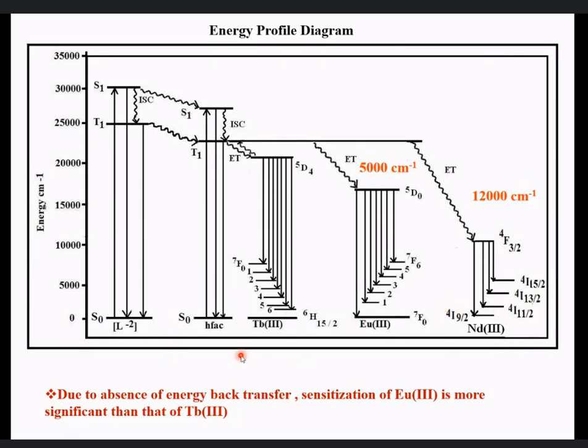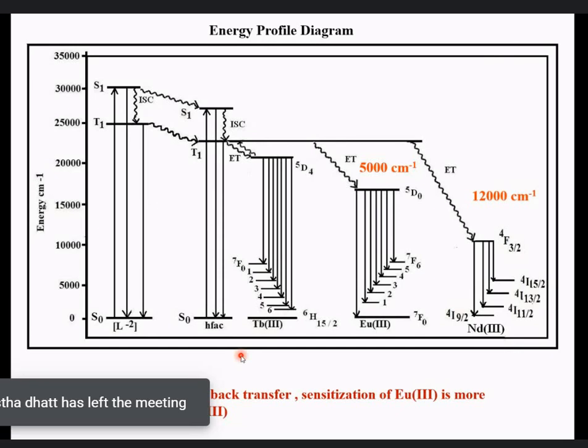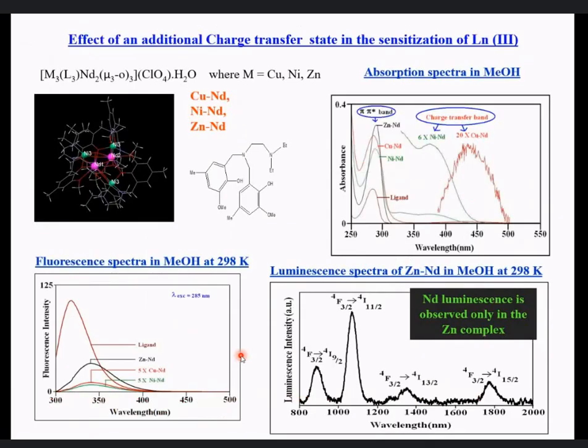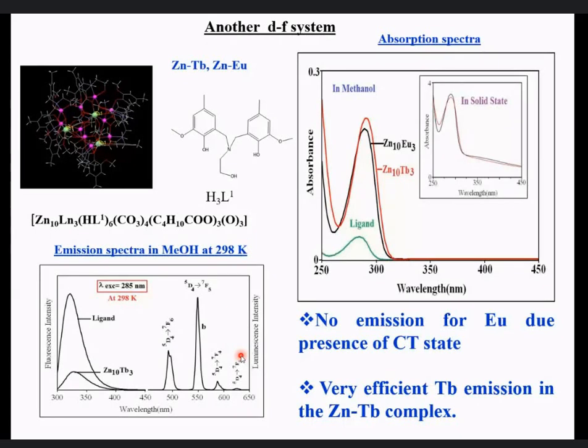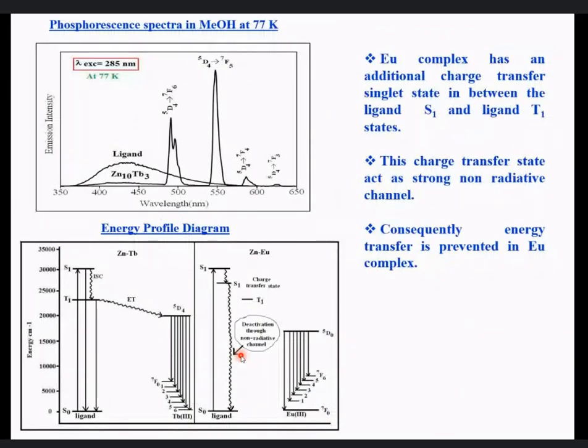Like imaging techniques, you can develop imaging materials using these d-f hybrid complexes. They are also used as nanomaterials and nanocomposites. These are again some pictures; I'm not going into details of this. So different d-f systems: zinc terbium or zinc europium.